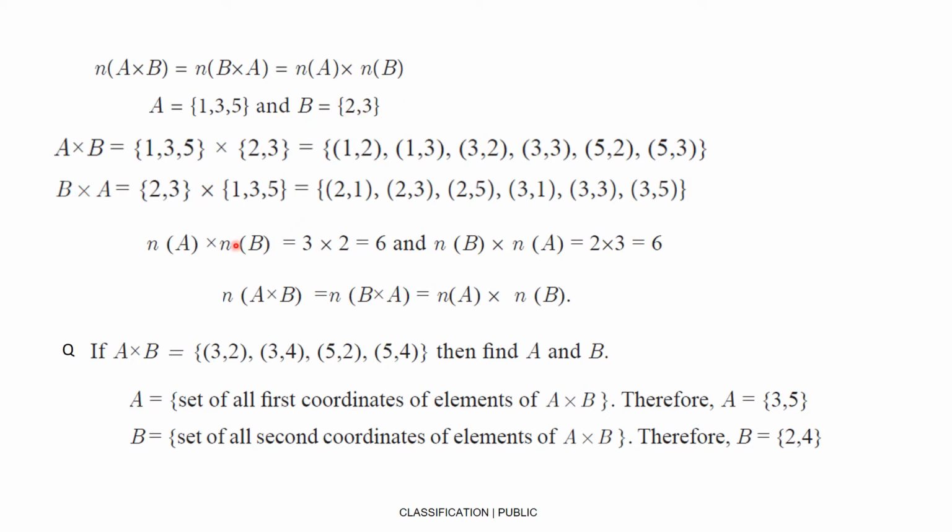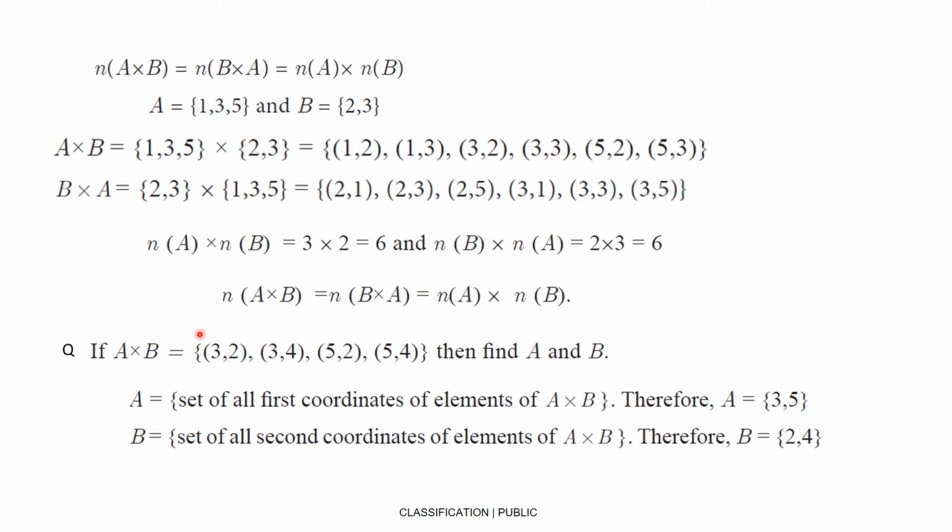So n of A into n of B is 3 into 2 equals 6 pairs. n of B into n of A also, 2 into 3 equals 6. Therefore, n of A cross B equals n of A into n of B, and n of B cross A equals n of B into n of A. It's only the count that is equal. But A cross B is not equal to B cross A. Keep it in mind.